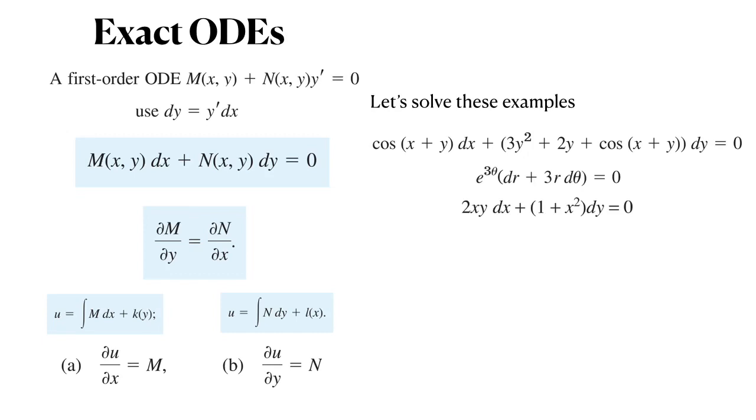So, i-replace na to si y prime og dy over dx such that mas siya tanaon kaninga form. First highlighted equation, let's say that will be our equation number 1 for this slide. M(x,y) dx plus N(x,y) dy is equal to 0. That is the standard form of our exact ODE.